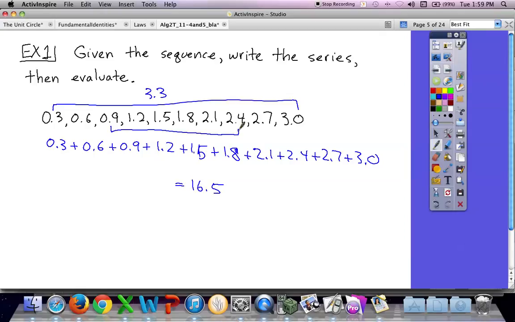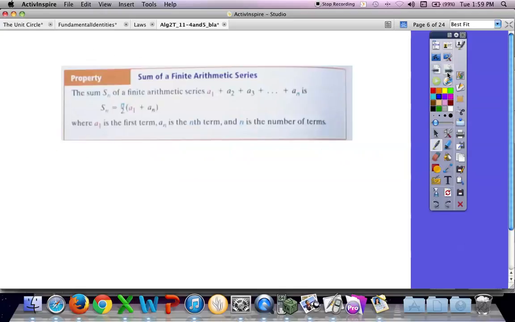He was really using this formula that we use for the sum of an arithmetic series or sequence, which is this, and I'll write it bigger here. The sum, the capital S stands for sum, of n terms in an arithmetic sequence equals n over 2 times the first term plus the last term. The n is how many terms you are trying to add up.